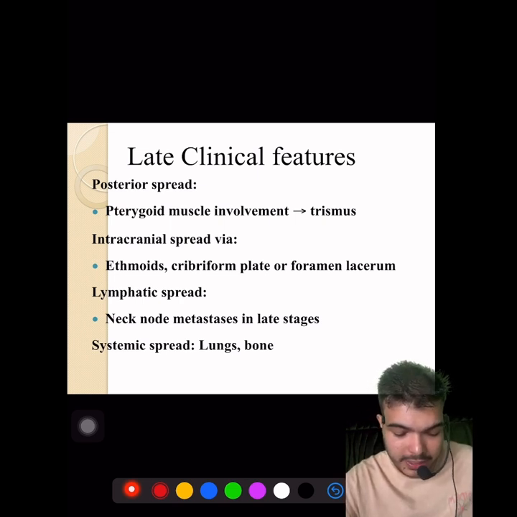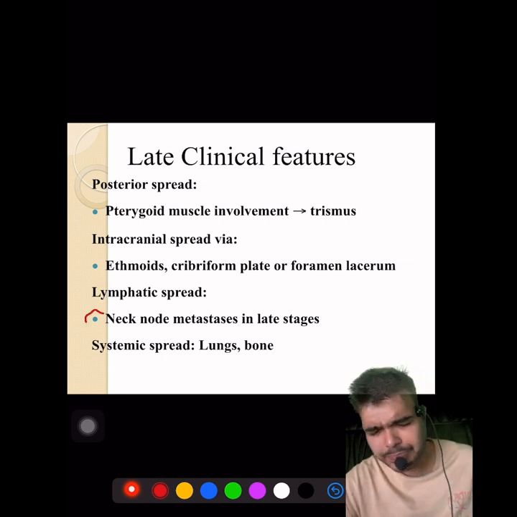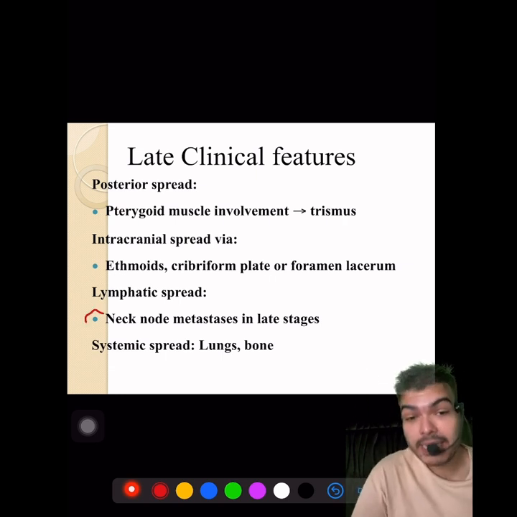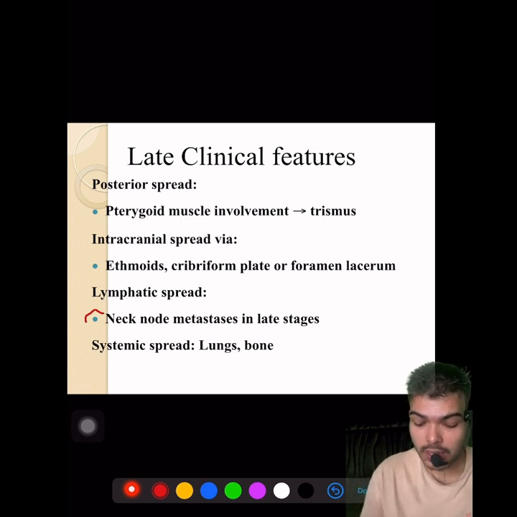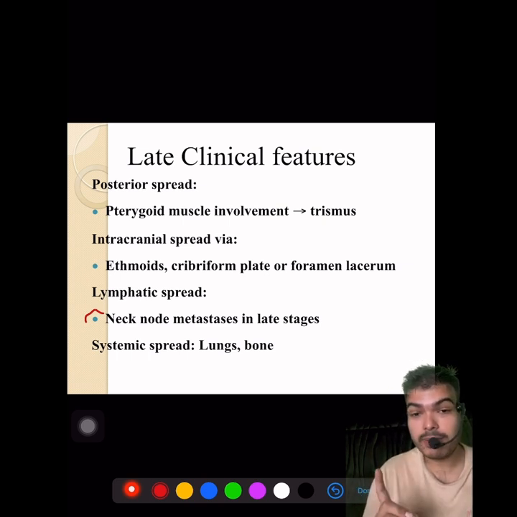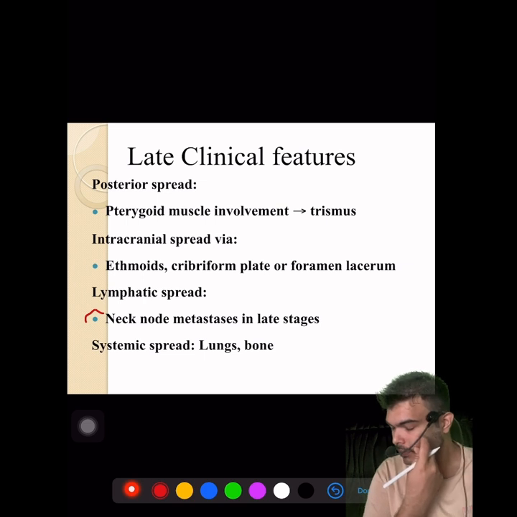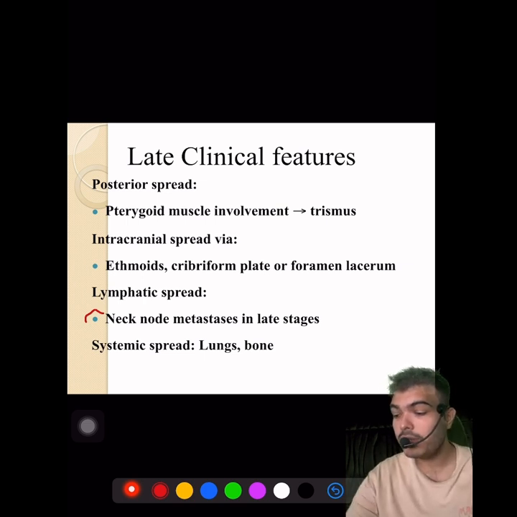Intracranial extension can occur, and then neck node metastasis in late stages. Hematogenous spread can also be there, and it can spread to the lungs and bones. Remember, metastasis to the bone is more commonly seen with which tumors? Thyroid tumors and lung tumors.